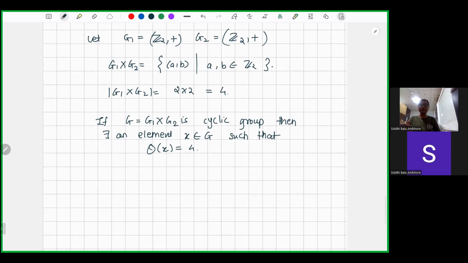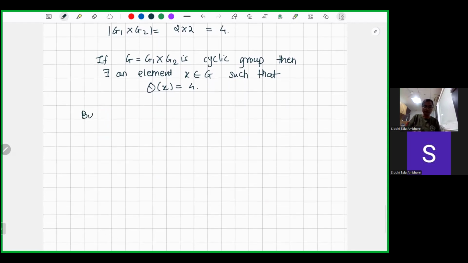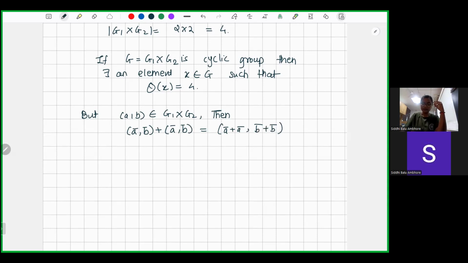But if we look at every element, any (a, b) that I take in this G1 cross G2, then if I take this (a, b) plus (a, b), this is a bar plus a bar and b bar plus b bar, right? (a, b) in G1 cross G2 means it will be of this form, since we are in Z2 cross Z2.